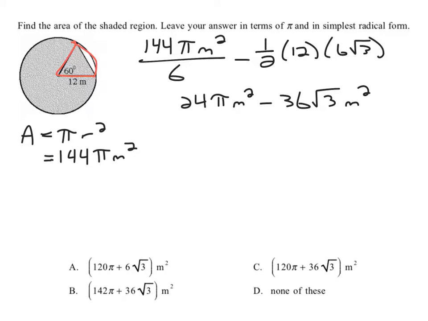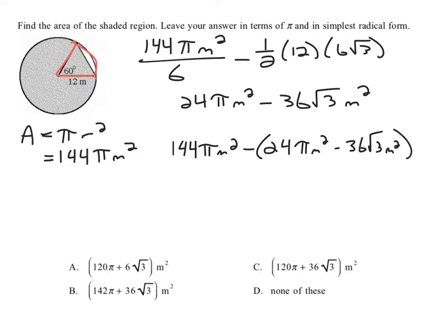So we can write 144 pi meters squared minus, and I have to put it in parentheses because we're subtracting all of this, 24 pi meters squared minus 36 root 3 meters squared.